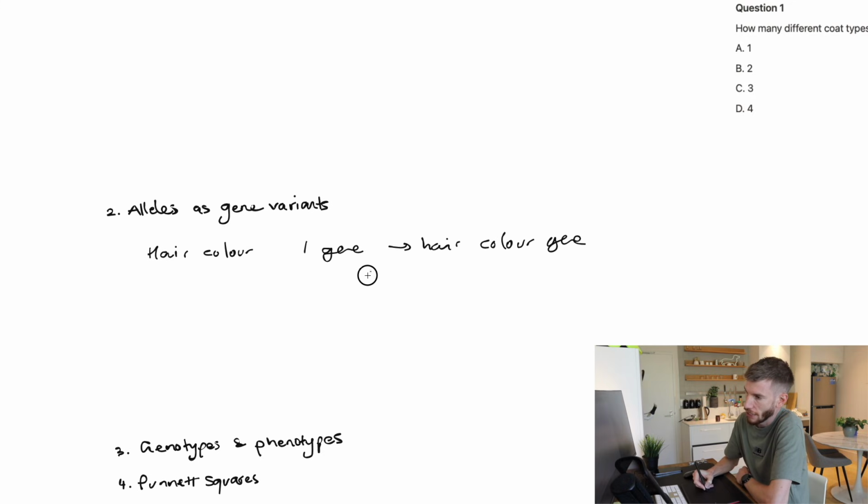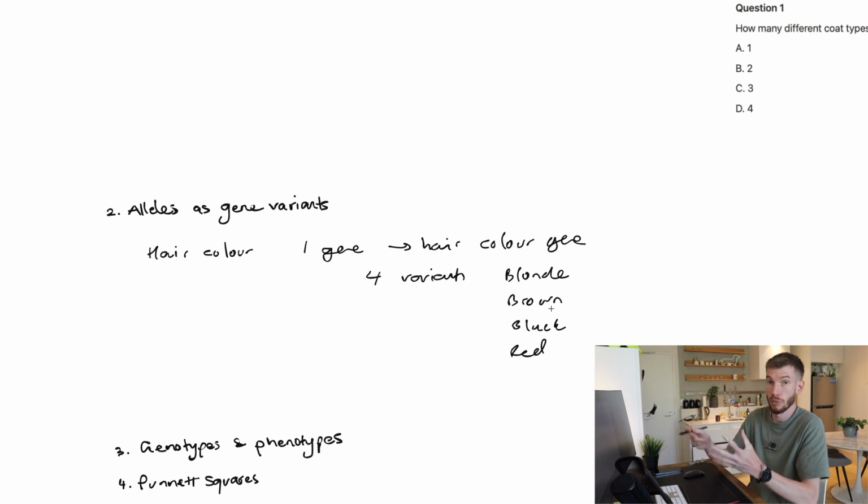But then, let's just say for simplicity, 4 variants of that one gene: blonde, brown, black, and red. And other times you might get other combinations of those that bring you a new trait or a new outcome. But for simplicity at the moment, these are the variants of a particular gene.